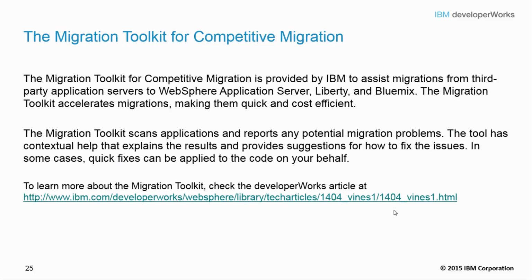Another type of software analysis can be done using the migration toolkit for competitive migration, which we installed into Eclipse in a previous section. The migration toolkit for competitive migration is provided by IBM to assist migrations from third-party application servers, in this case Tomcat server, to the WebSphere application server Liberty and Bluemix.